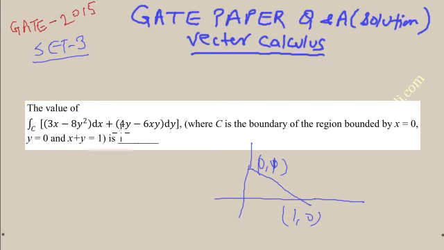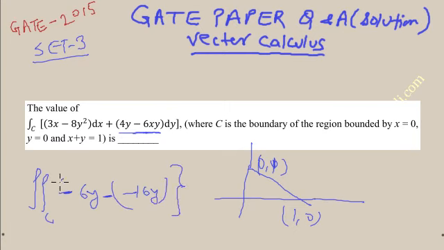If you remember Green's theorem, you can get the value as a double integration in this region. First you differentiate with respect to x, you will get minus 6y, and minus differentiate with respect to y, this is minus 16y, and then perform dx dy.